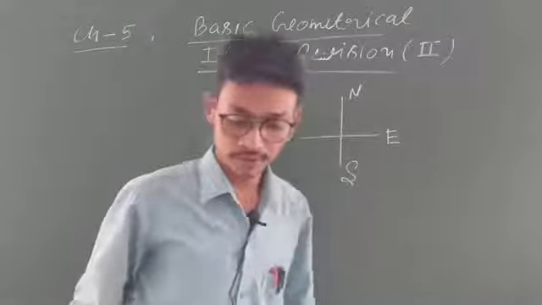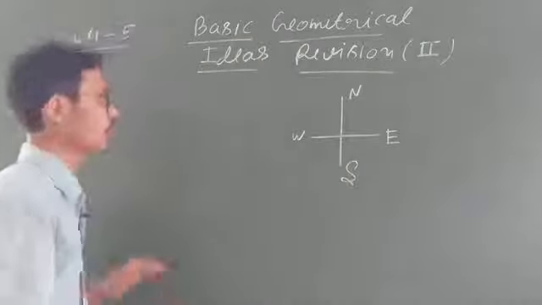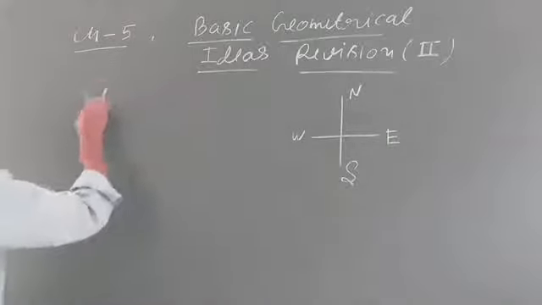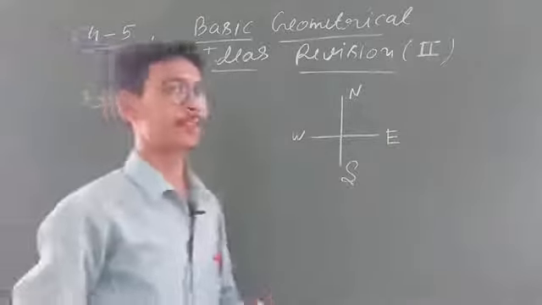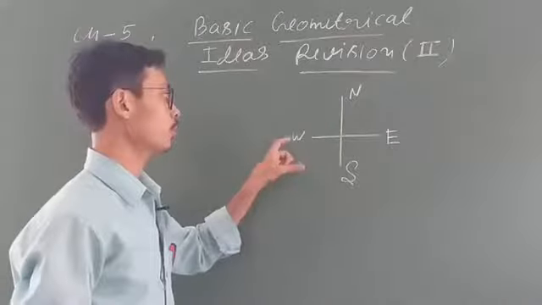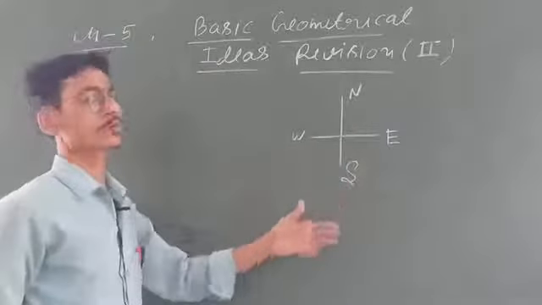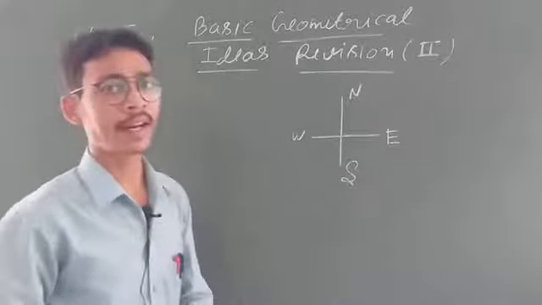So now today we will solve some other questions based on this. Look, question number 3B I am going to solve. Yesterday I explained, if I want to know north to north, south to south, east to east, west to west, how many right angles are there?